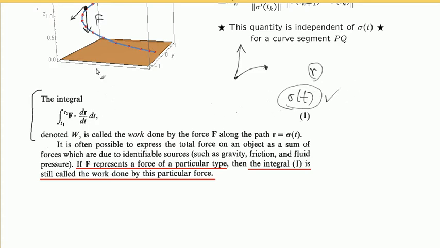So they wanted to emphasize that instead of putting the sigma prime t, causing you to think that it might depend on your choice of parameterization of the same path. But they put the dr dt in there. It doesn't matter. As long as you have a location in there, however you parameterize it with the t, it'll be the same. So they indicate with this dr notation that it is a position-dependent quantity, not a parameterization-dependent quantity. So there's a little subtlety in there.